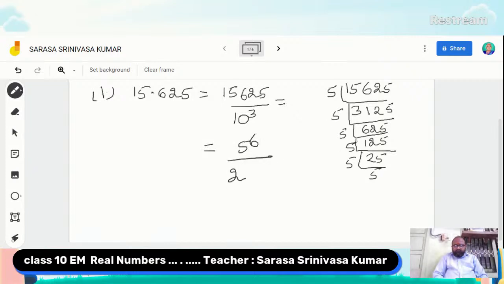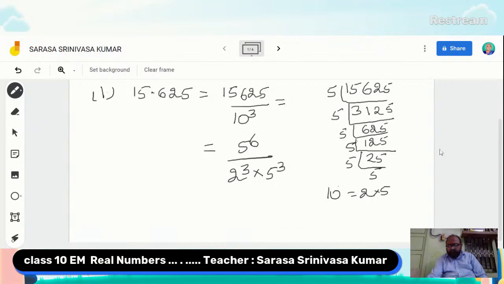divided by 2 power 3 multiplied by 5 power 3. Why? Because 10 is equal to 2 multiplied by 5. We can write 10 power 3 equal to 2 cube multiplied by 5 cube.